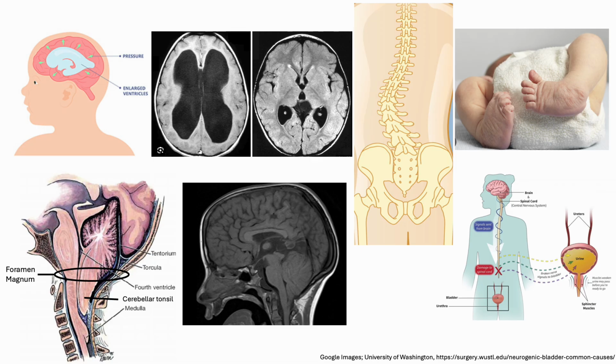Hydrocephalus is another general clinical feature. Hydrocephalus is increased CSF in the ventricular spaces of the brain, which occurs in 80 to 90% of children with myelomeningocele, and 70 to 90% of these children eventually require surgical treatment of myelomeningocele-associated hydrocephalus.